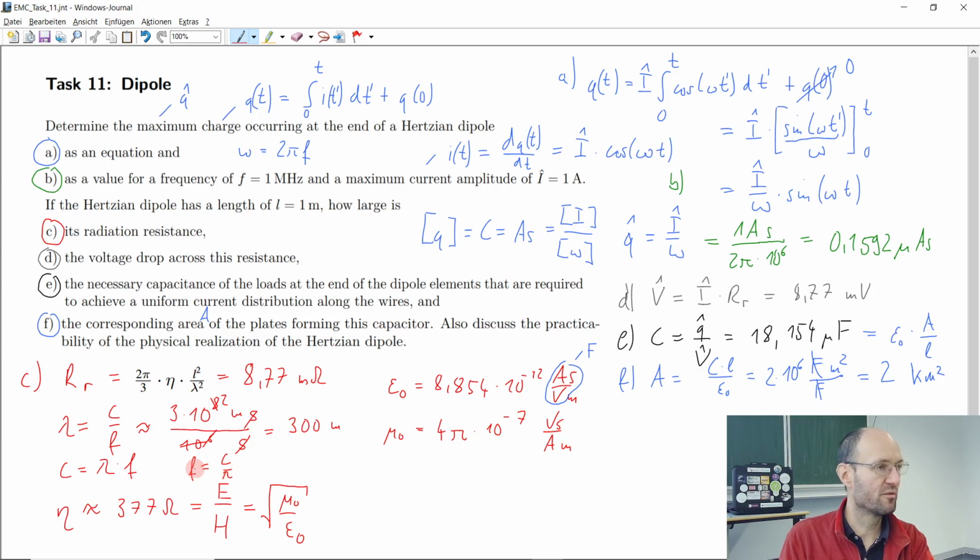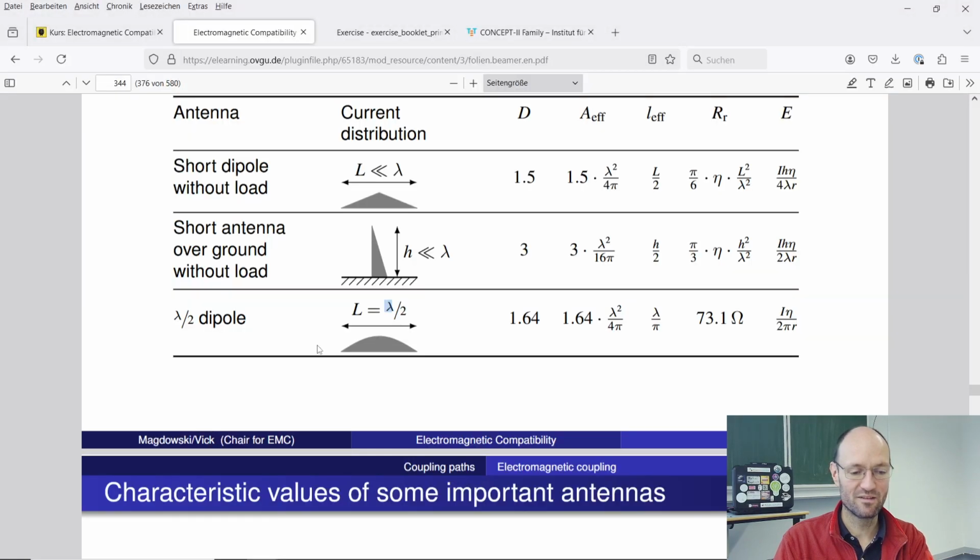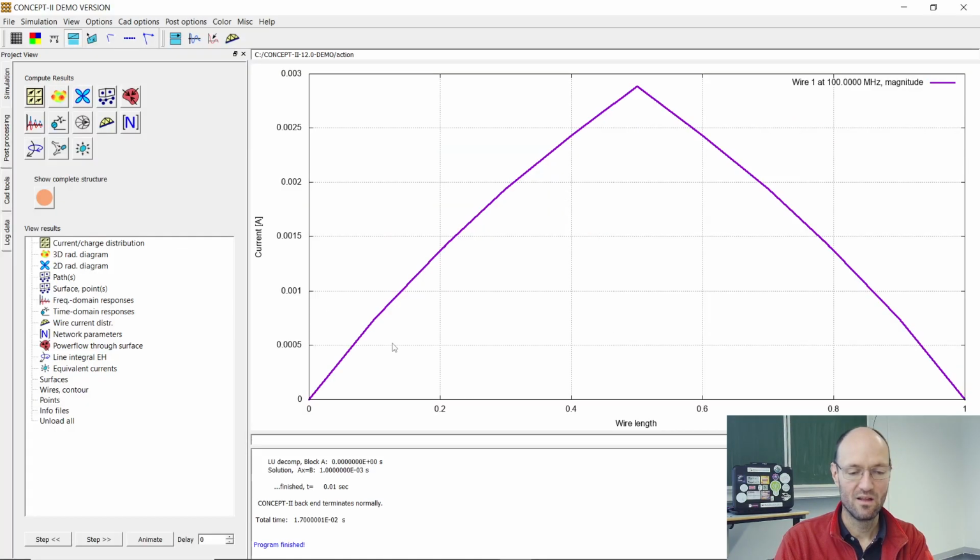What do we get for the frequency? Three divided by 2 is 1.5. And 1.5 times 10 to the power of 8 is 150 megahertz. So if we set 150 megahertz for the frequency, we should get this current distribution here, a half wavelength dipole.